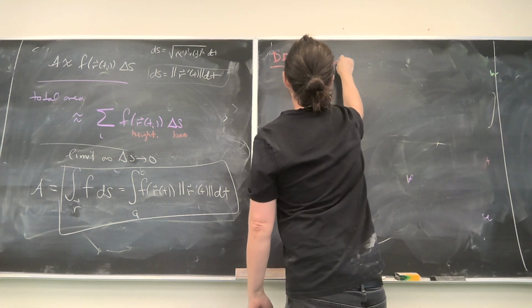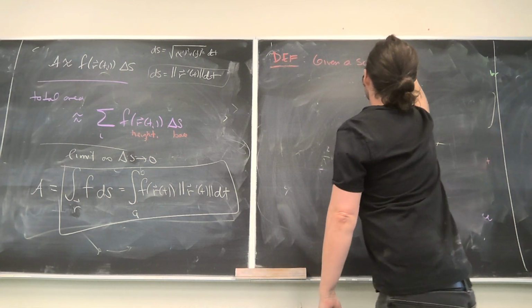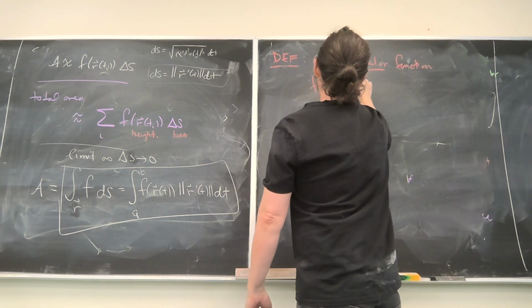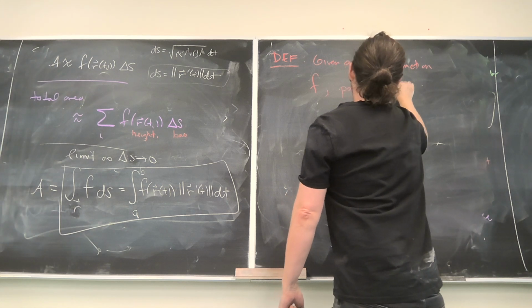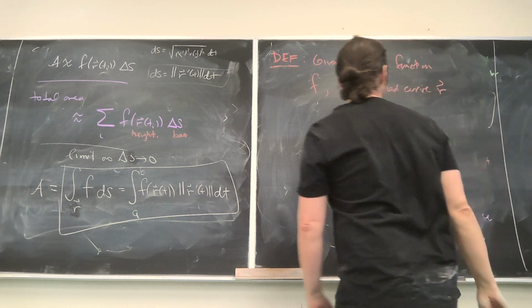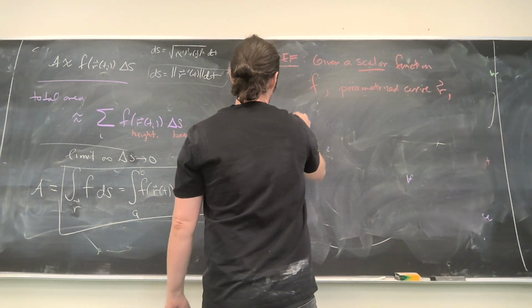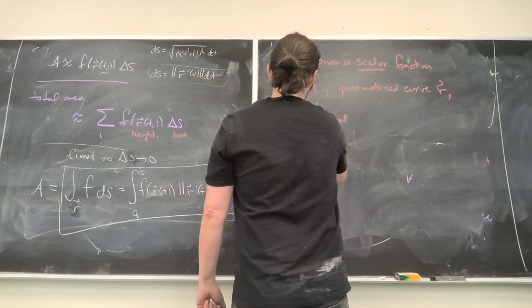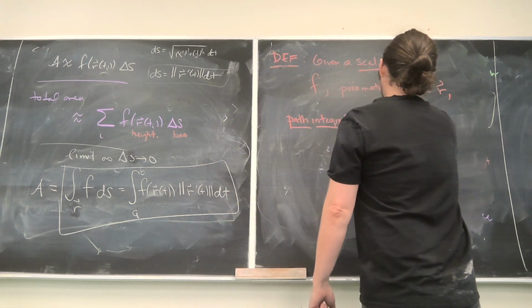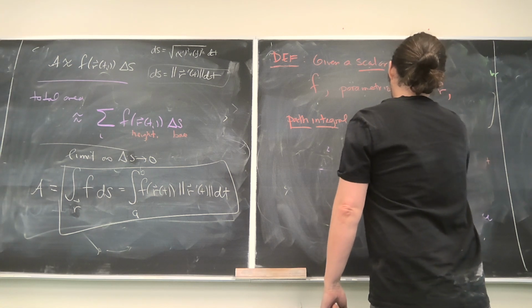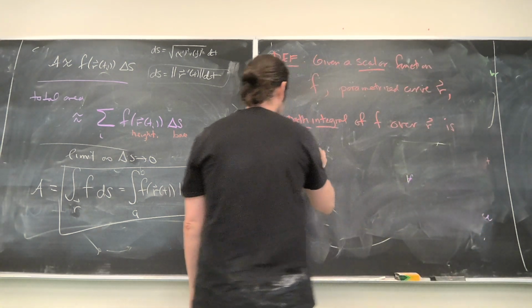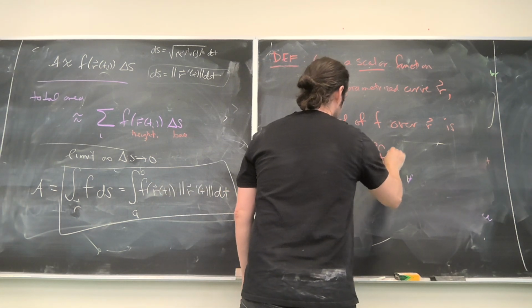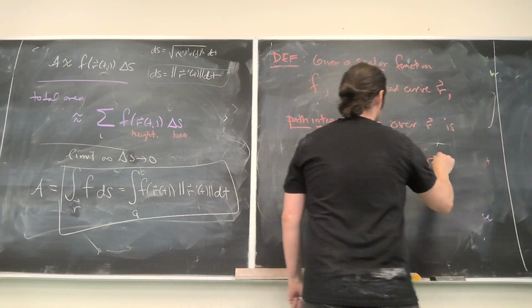Given a scalar function f and a parametrized curve r, the path integral of f over r is the integral over r of f ds, which is the integral from a to b of f of r of t times the length of r prime of t.